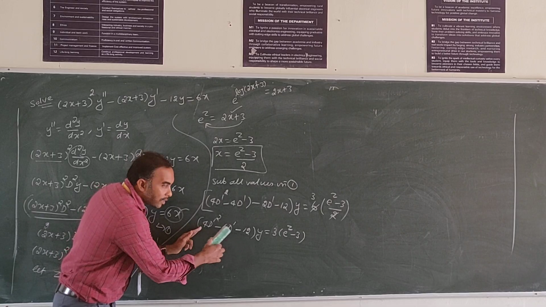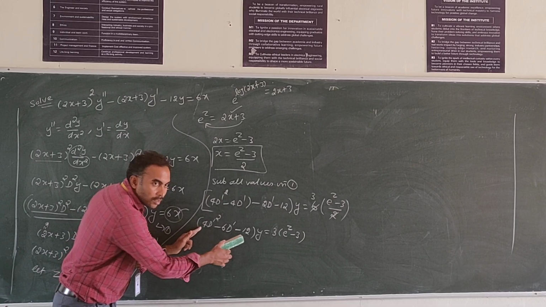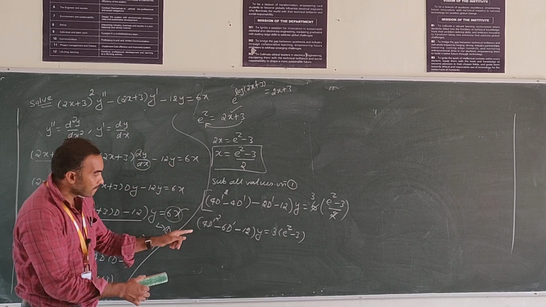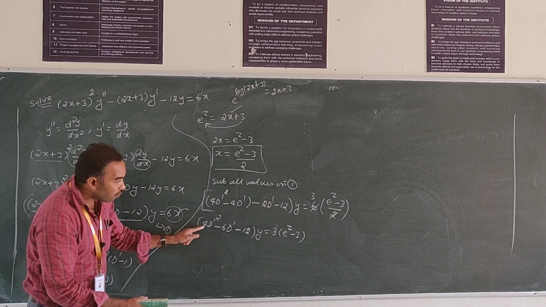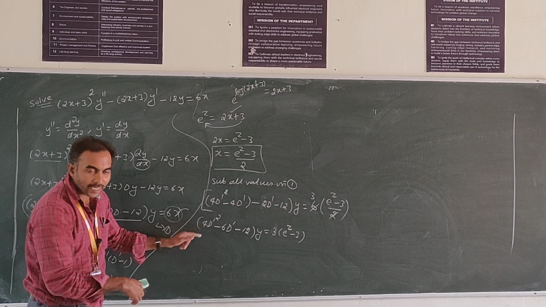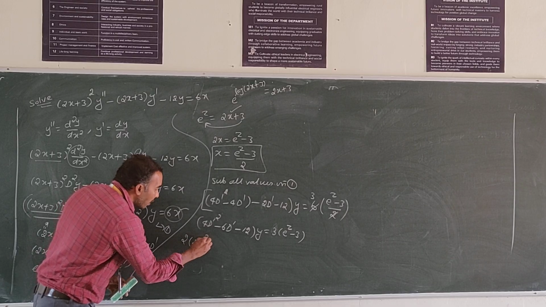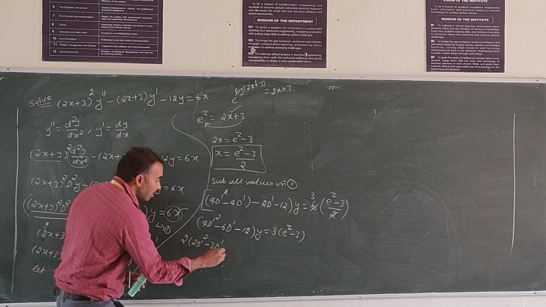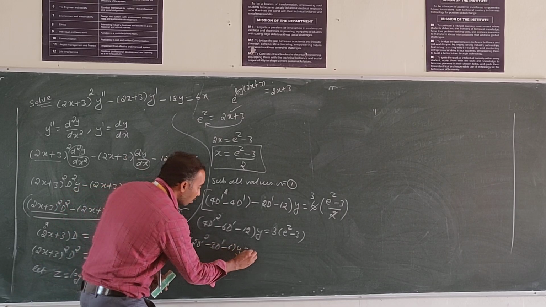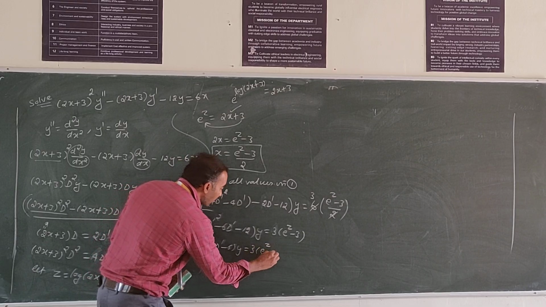Here which term is common? 2 is common. Take it outside. So 2 d dash square minus 3 d dash minus 6 y equal to 3 e power z minus 3.